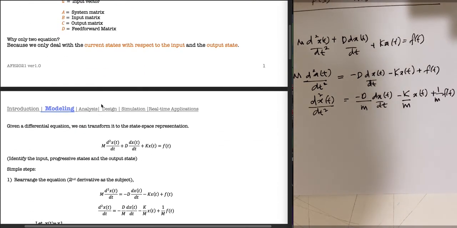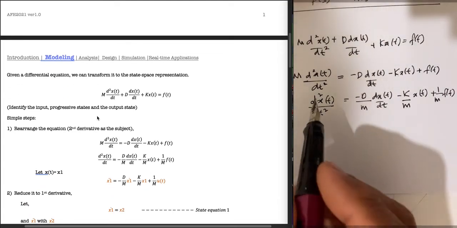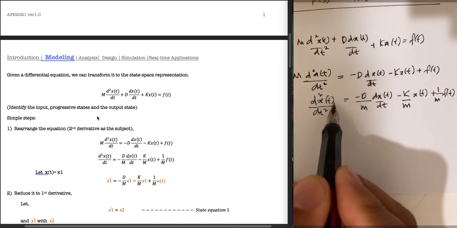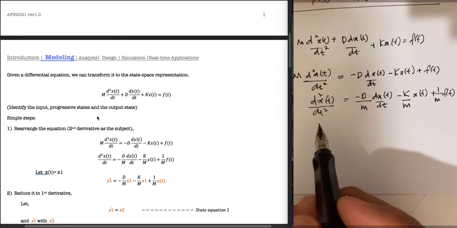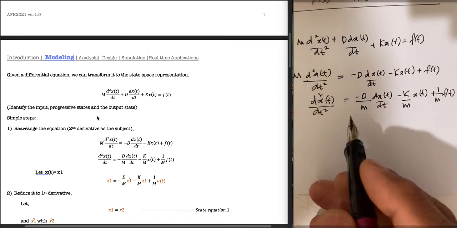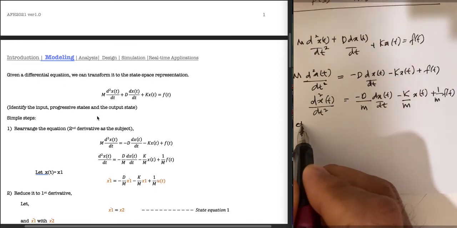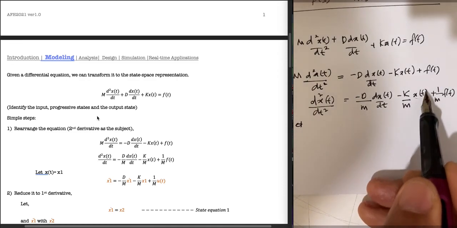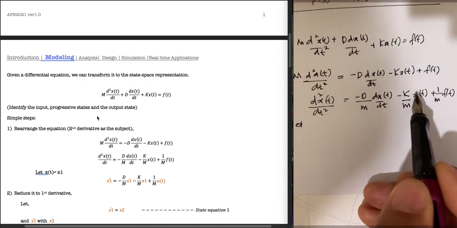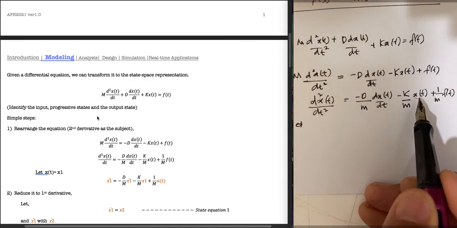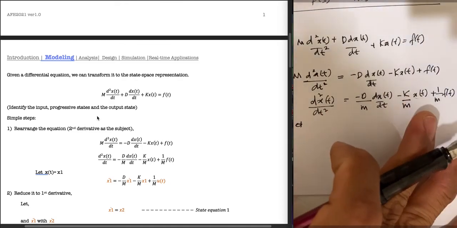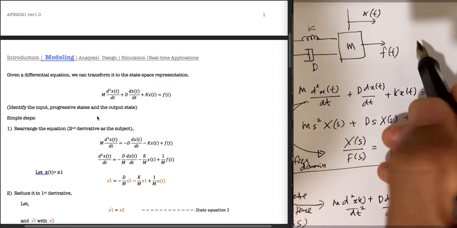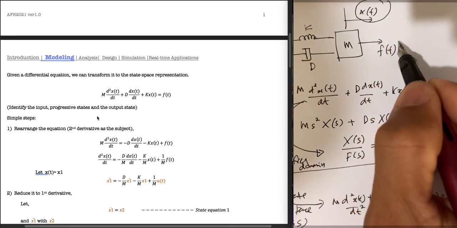Because we have a second derivative here, we need to reduce it. Here x of t is the output of the system, and f of t is the input, as we can see from the model.